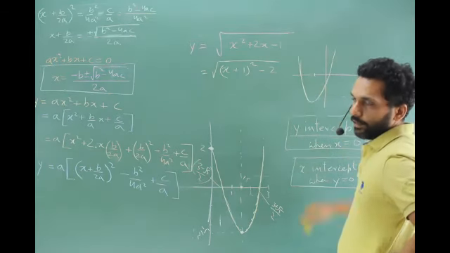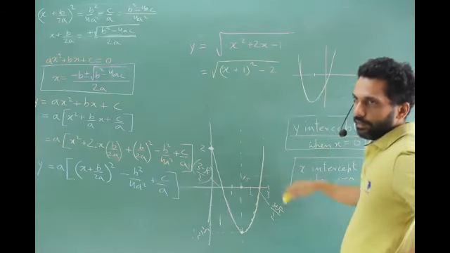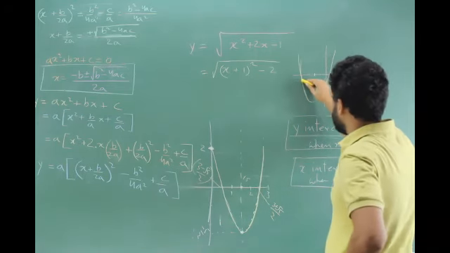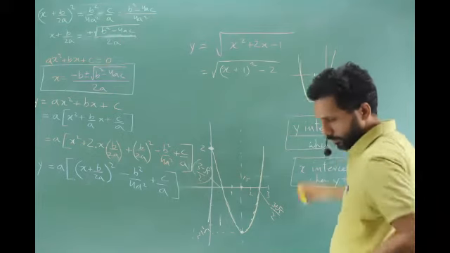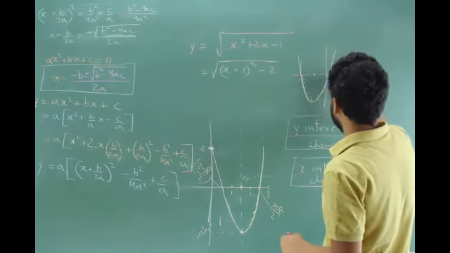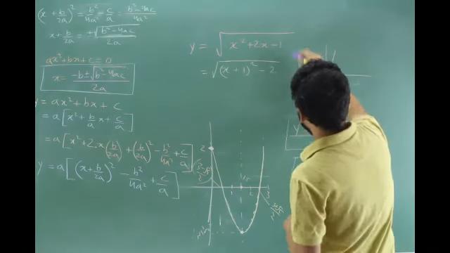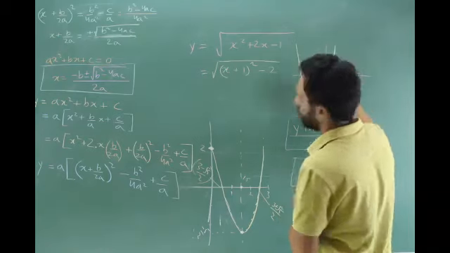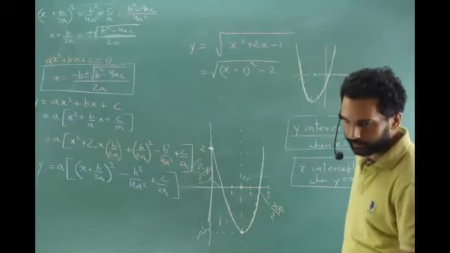Under root of this, if I do, where is it valid? Where is the graph valid? When y is negative, it is invalid, no? All this region, it is invalid, right? So only this region can be underrooted, right? Get the point?